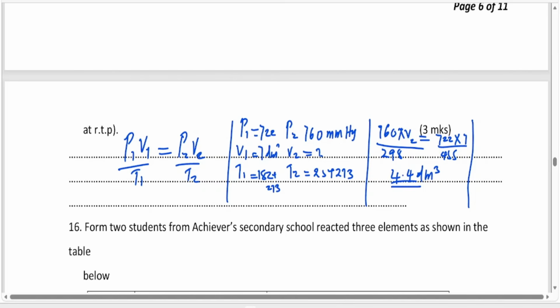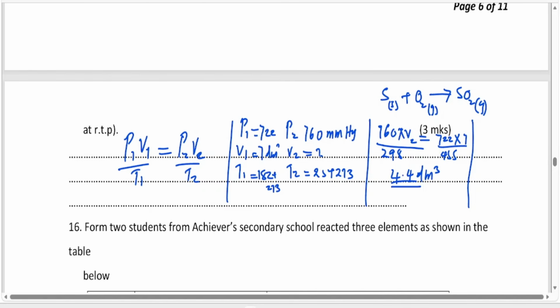So when you look at this particular equation, we have sulfur solid reacting with oxygen, a gas, to give us sulfur oxide gas. We are determining the mass of sulfur as solid. When you look at the mole ratio, you realize that it's 1:1.